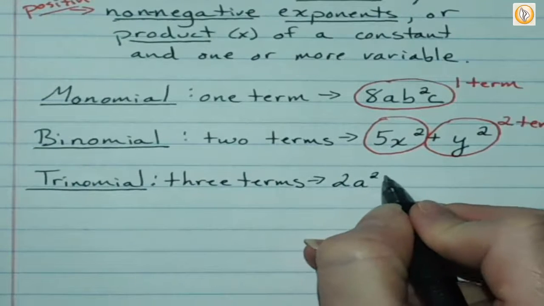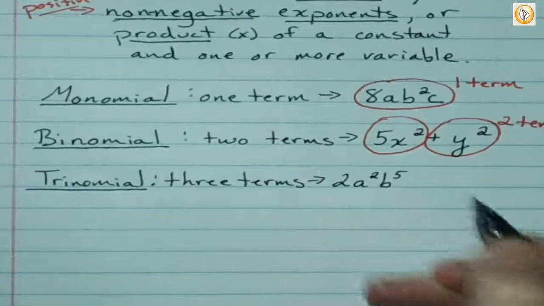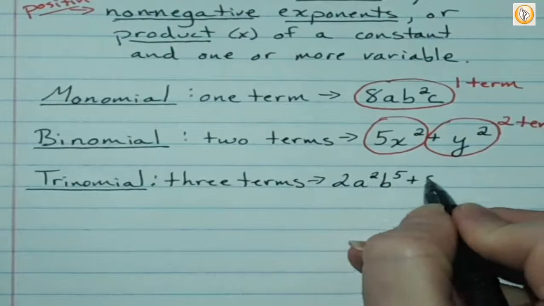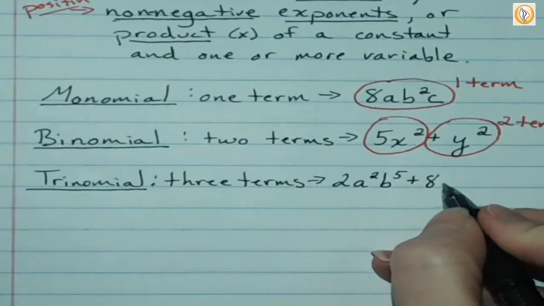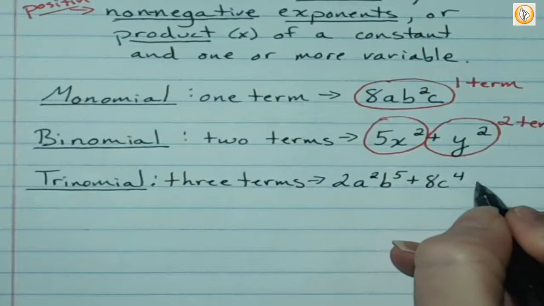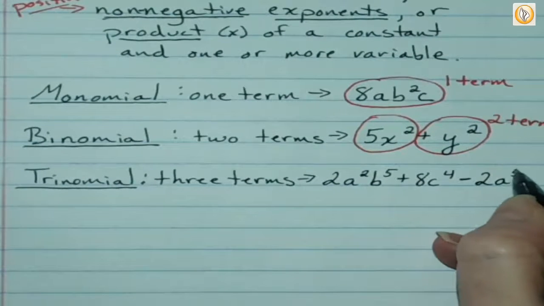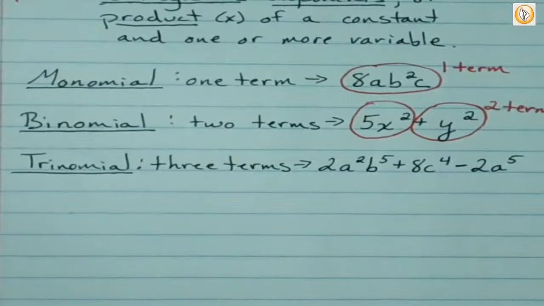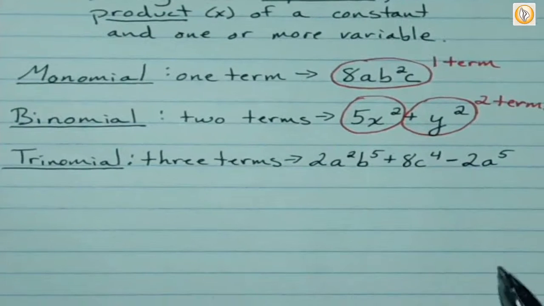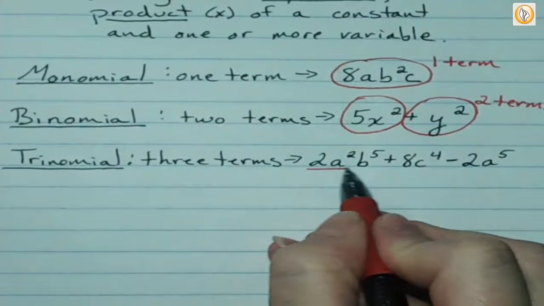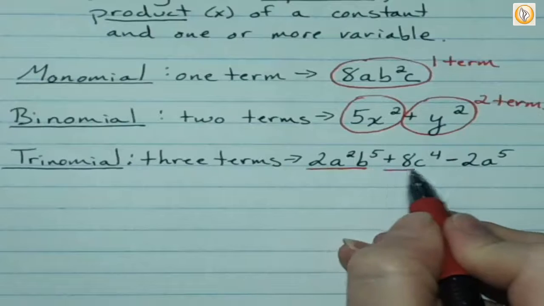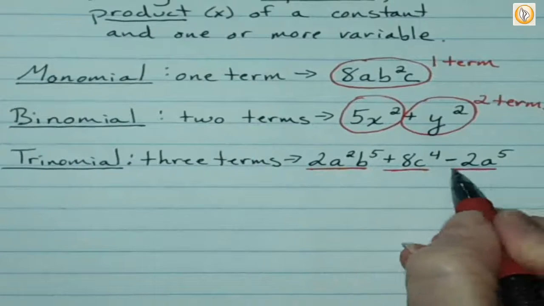2a squared b to the 5th power plus 8c to the 4th power minus 2a to the 5th power. And instead of circling them, I'm going to just say, here's one term, 2 terms, 3 terms.